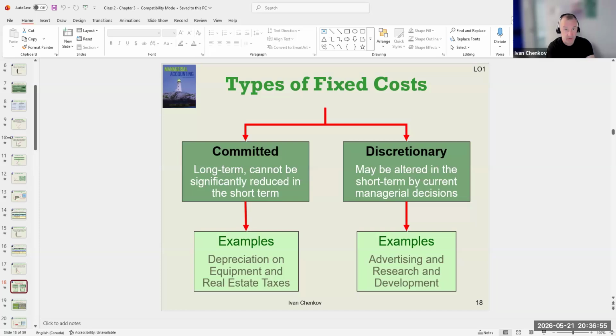Those are committed fixed costs. There's pretty much no room for you to change them. If something happens, you cannot easily get rid of them. In some instances, you cannot even reduce them.